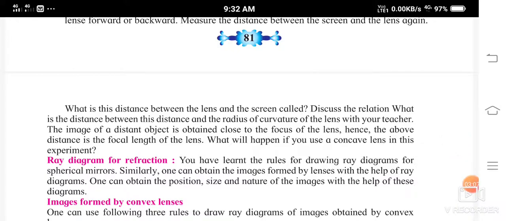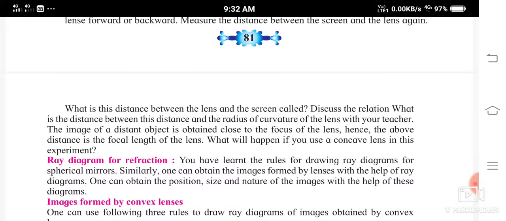What is the distance between the lens and the screen called? Yes, we have studied this, isn't it? Just before, in the last video, I explained this to you. The distance between the lens and the screen is called the focal length.